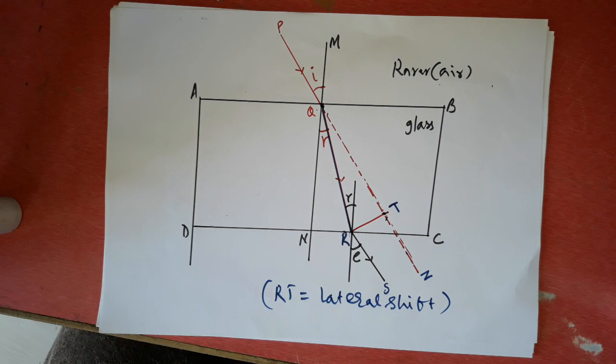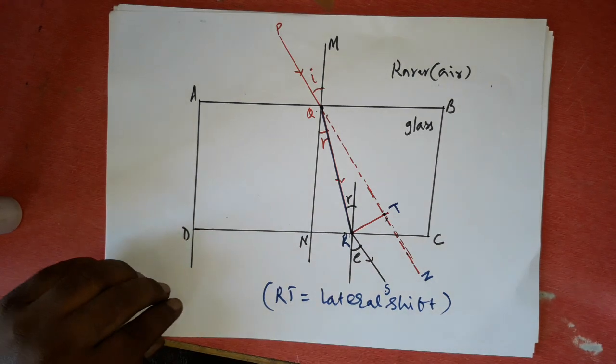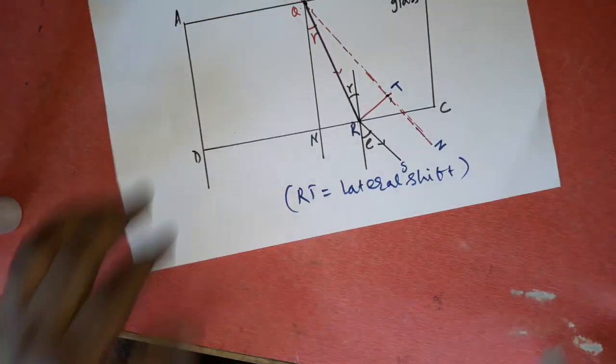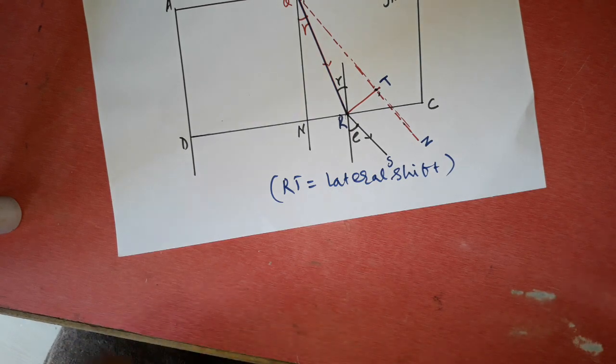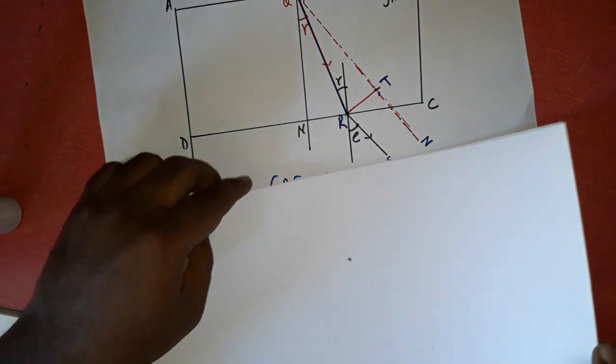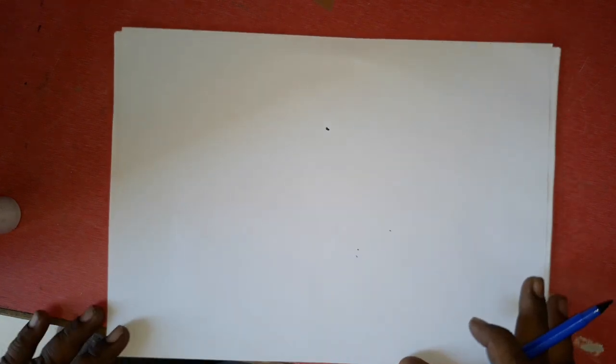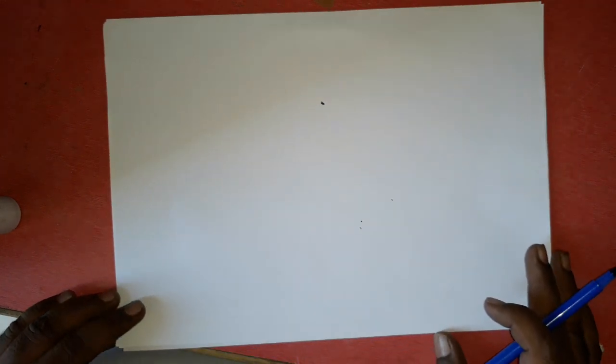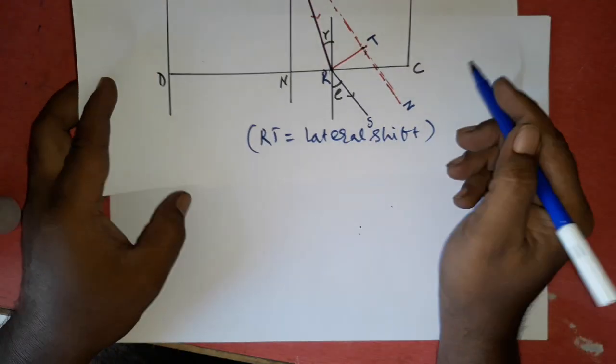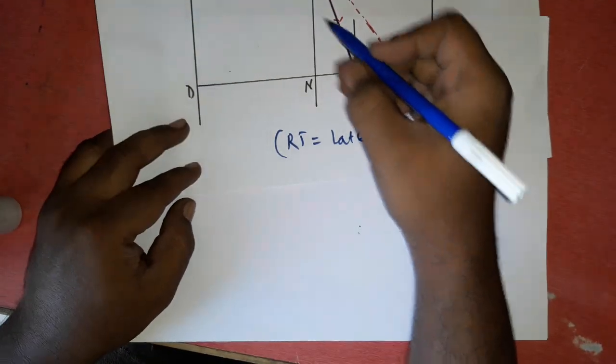What is the formula for this lateral shift? The formula is very simple. Let us see in two or three steps how this formula is derived. RT is called the lateral shift.